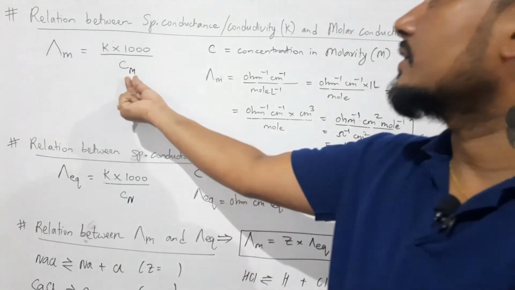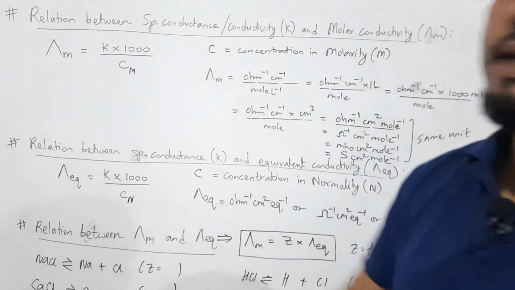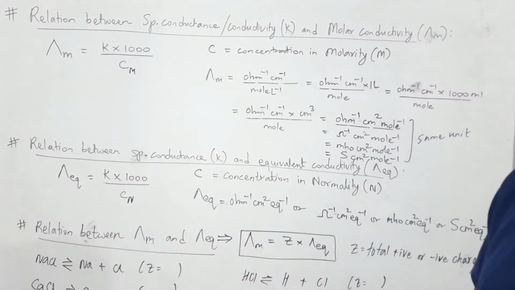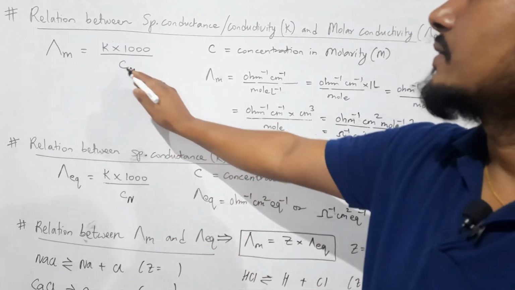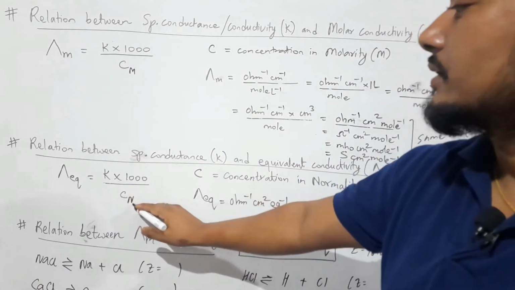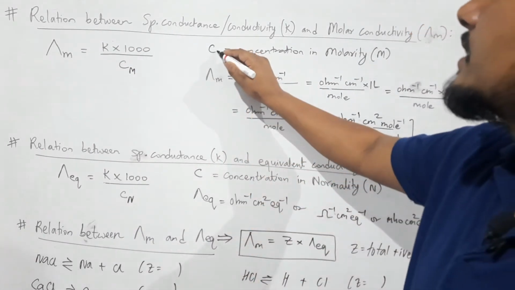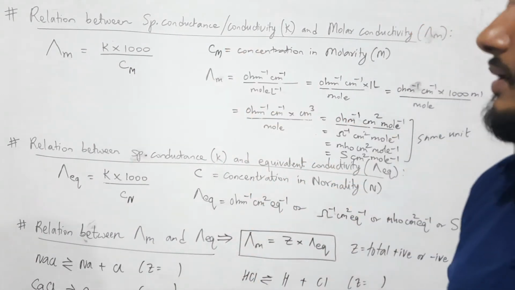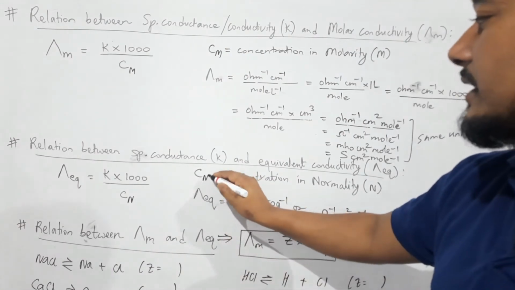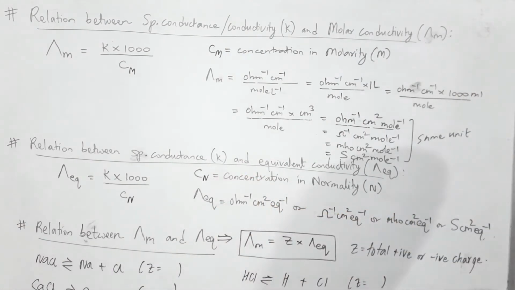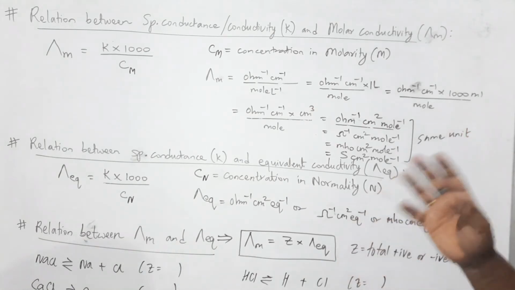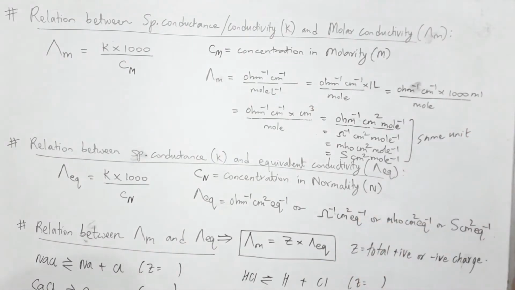Now there is no confusion at all. This means concentration in molarity, this means concentration in normality. So instead of C, you can write Cm here, and here Cn, that is concentration in normality. Do remember students, in your book it's written only C, but I'm writing Cm and Cn for your convenience.